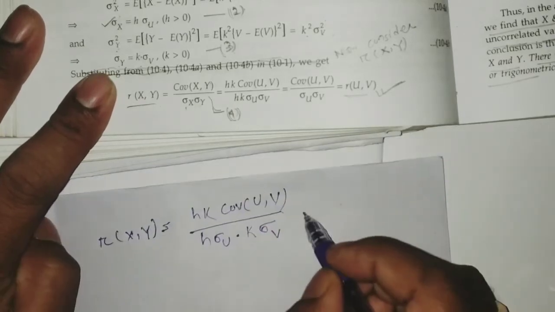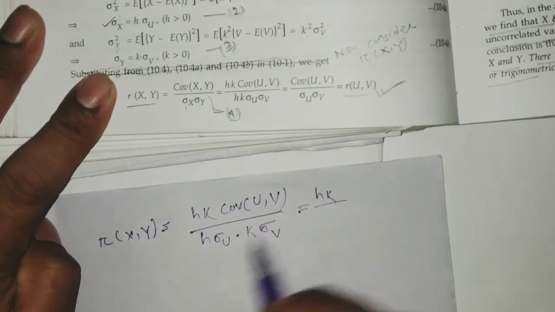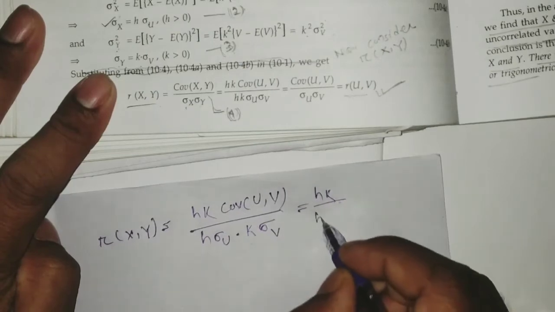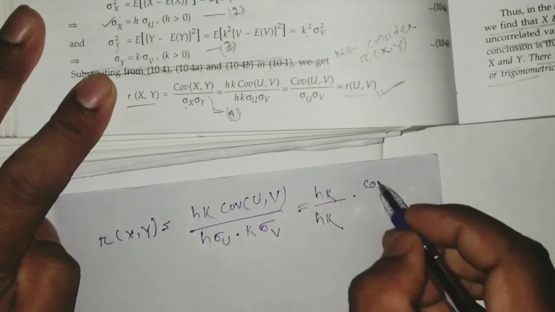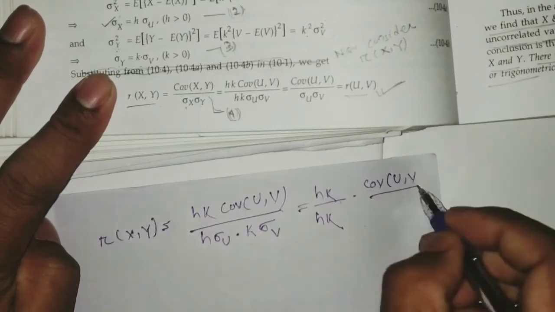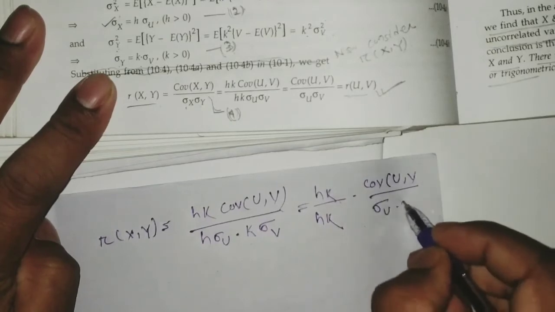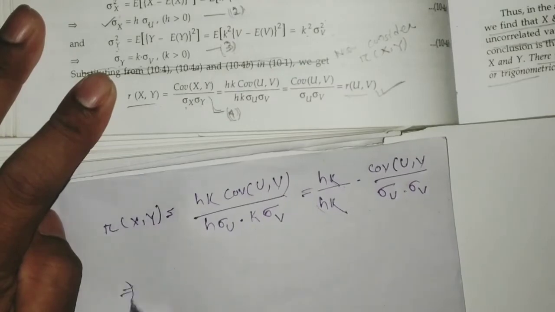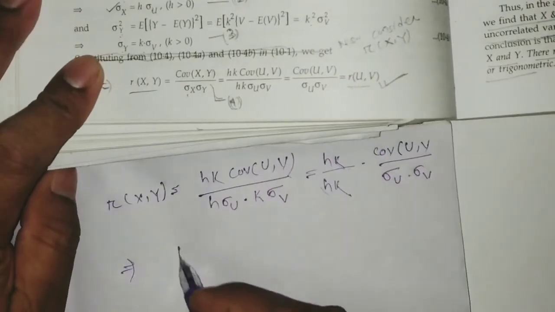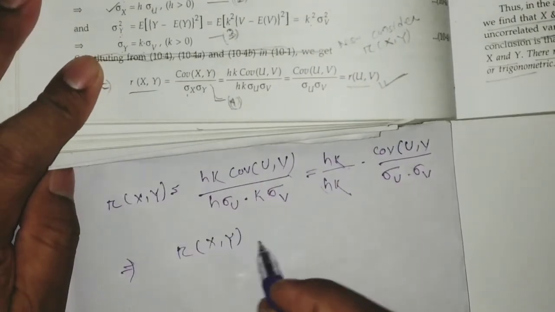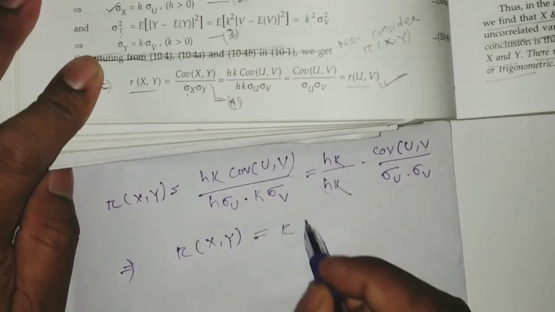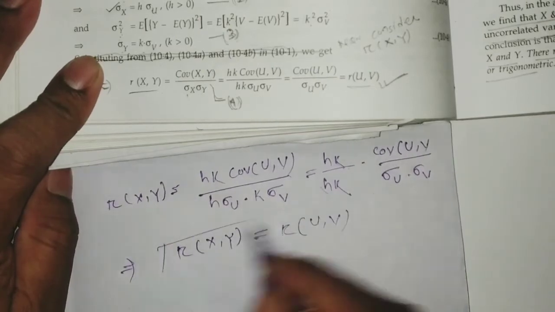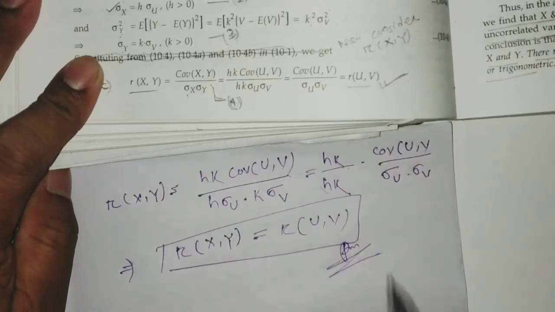So it can be written as hk, these are constants, hk into covariance of uv by sigma u into sigma v. So hk got cancelled. That implies we found rxy is equal to ruv. Hence it is proved.